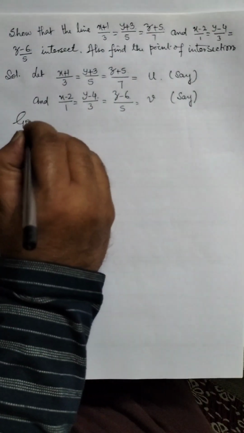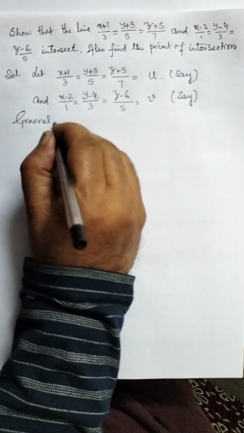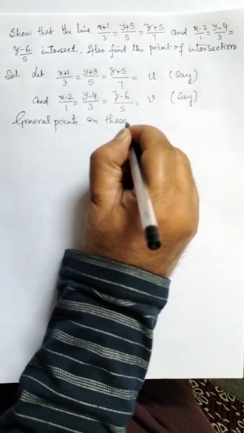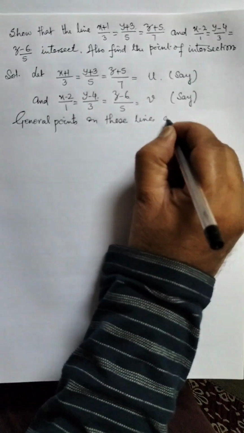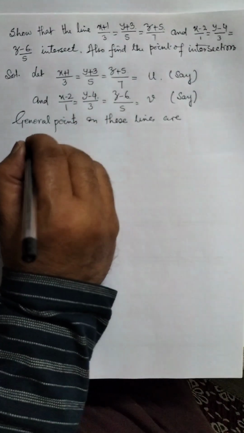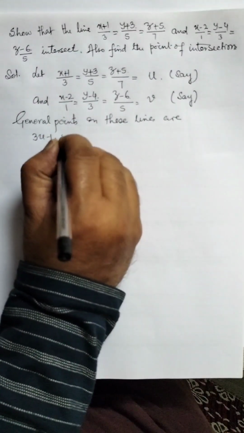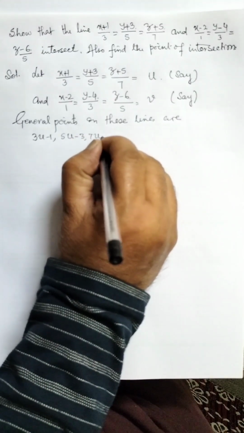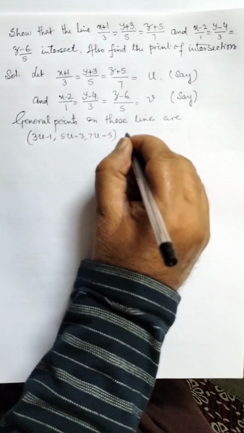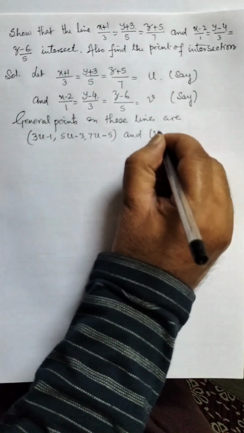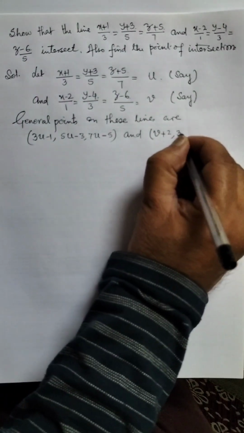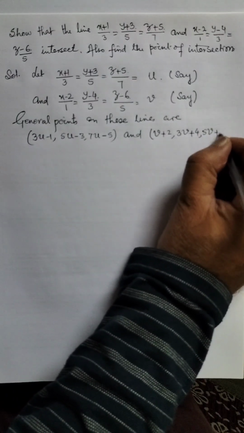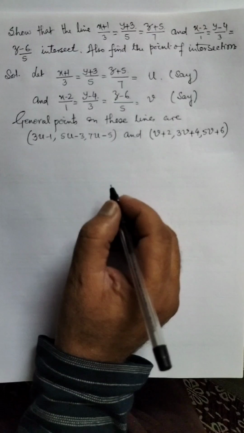Then general points on these lines are (3u - 1, 5u - 3, 7u - 5) and (v + 2, 3v + 4, 5v + 6). So these are the general points.